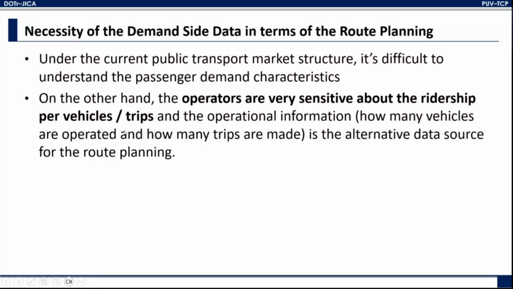However, how many vehicles are operated and how many trips are made by the public transport operator by section is also an alternative data source for detailed route planning, because operators don't operate unprofitable routes. So currently they are very sensitive about the passenger demand. How they operate their public transport vehicles indicates their passenger demand along the corridor.